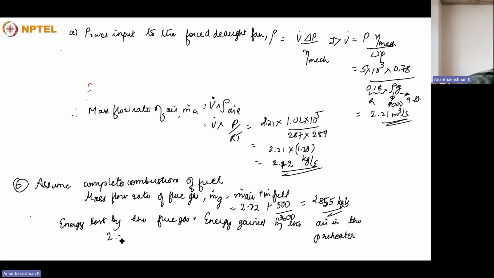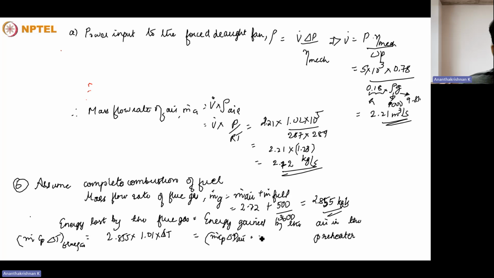So mass flow rate of the flue gas, 2.855, m dot Cp delta T of flue gas will be 2.855 into 1.01 into delta T. So 1.01 is mentioned in the question. So that will be equal to m dot Cp delta T of air.